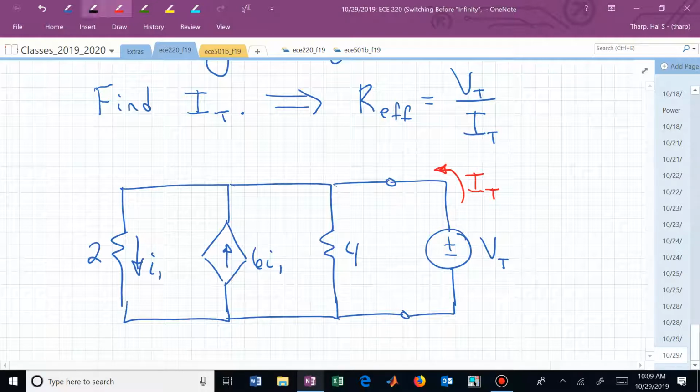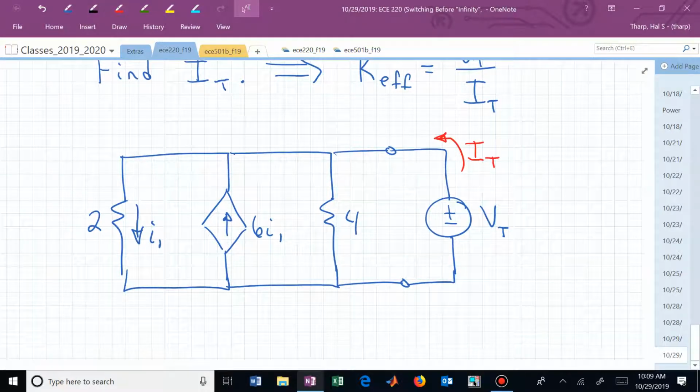How are we going to analyze this circuit? I know one response, mesh analysis, right? Nah, let's not do mesh analysis. Let's write a KVL.